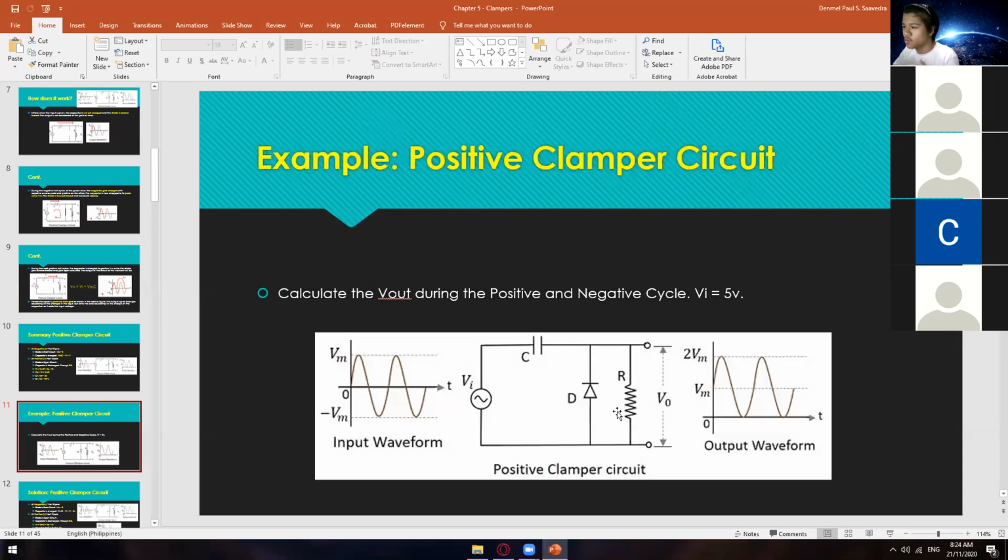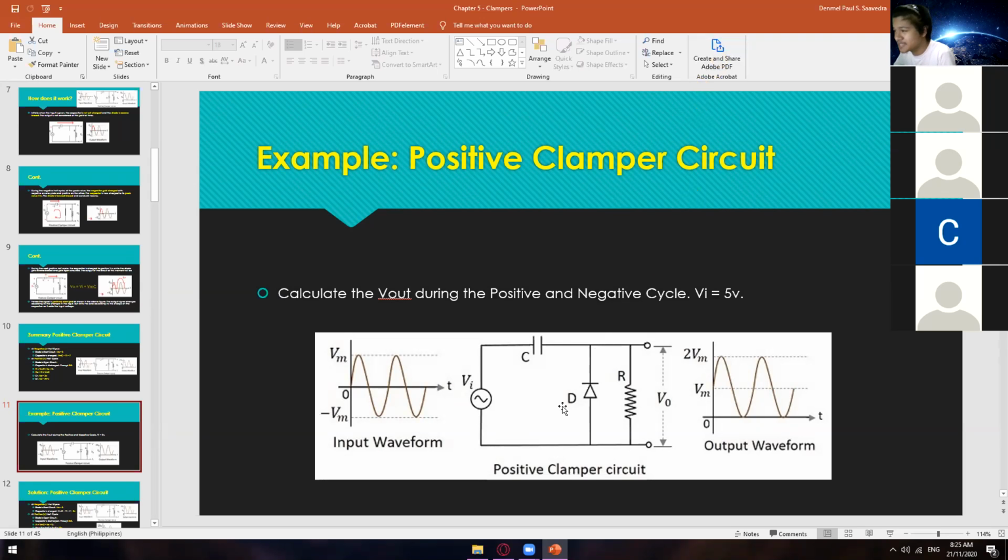So what polarity is that, or what cycle is that? Is it the positive half cycle or the negative half cycle at this point? Negative, sir. Negative. Okay, so this is very simple.